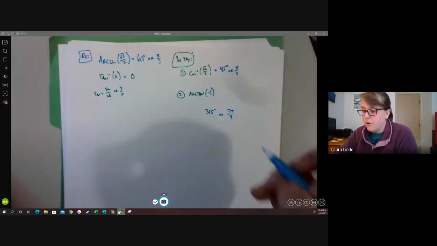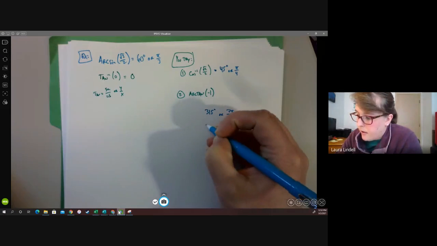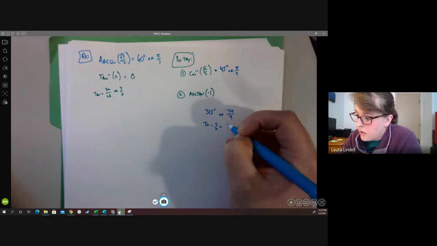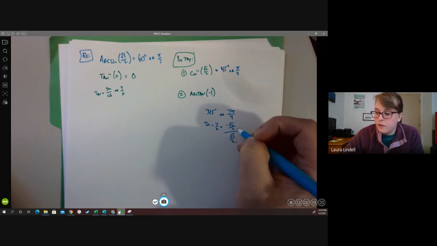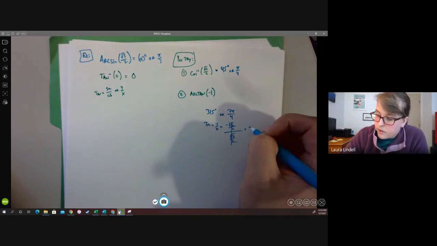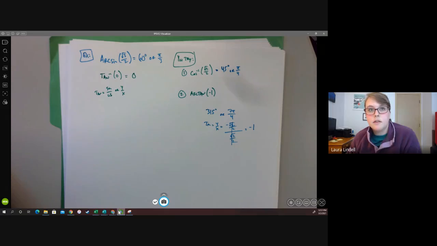We know tangent is y over x, so that would be negative root 2 over 2 over positive root 2 over 2. And the root 2 over 2's cancel, so we're just left with -1.